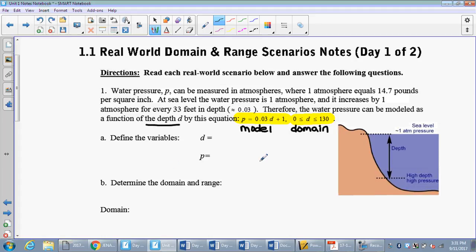Let's answer these questions. So first we're asked to define our variables. While I was reading, I underlined depth D. So I know that D is depth in feet. And what about P? Well, if I repeat this last sentence, it says, therefore, water pressure can be modeled. So this model is modeling water pressure.